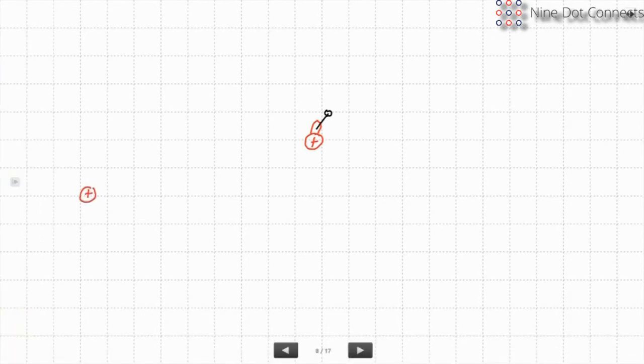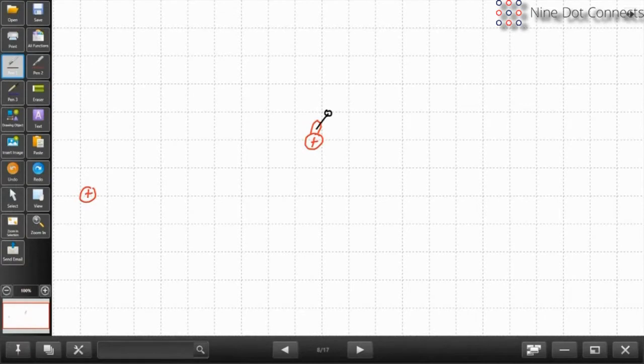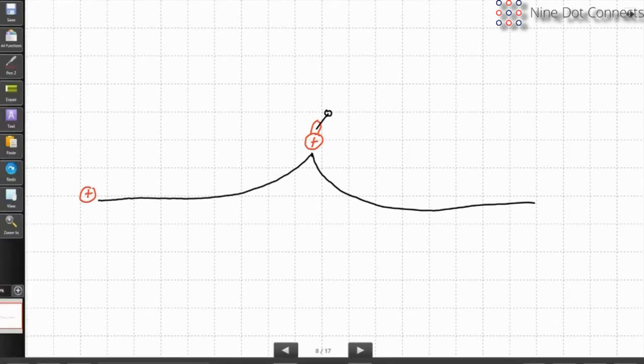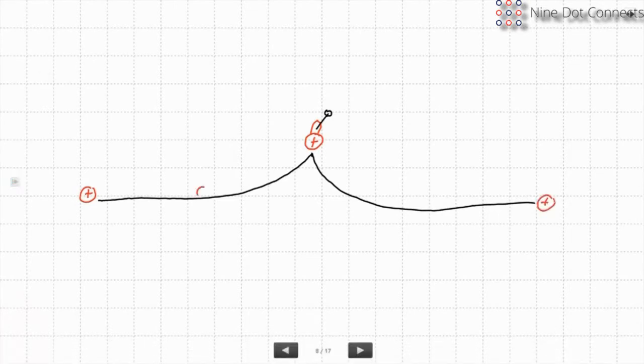The closer we get, the more work it takes to bring that charge close to the other one. First, it doesn't take much energy. But as you get close, it takes more and more, until it goes very, very high. If you're on the other side and head down, it's like going downhill again until you end up with a proton, say, far away. It's exactly like climbing an energy mountain.